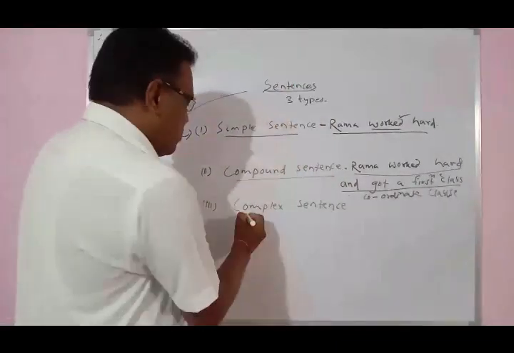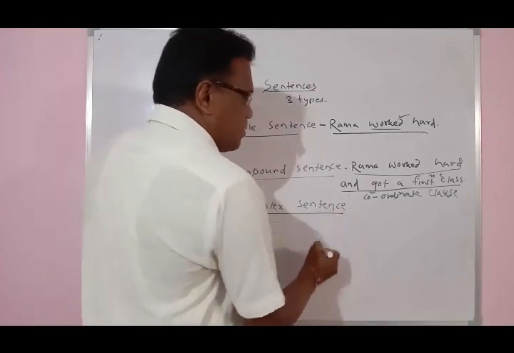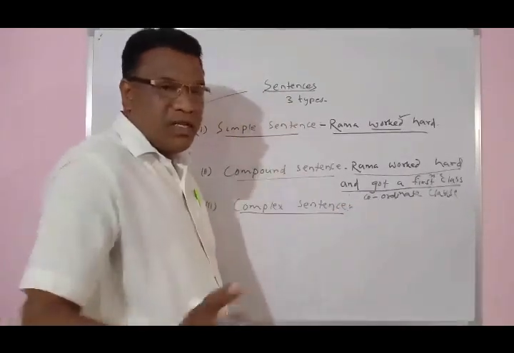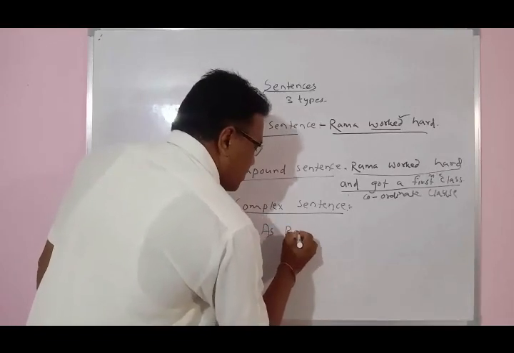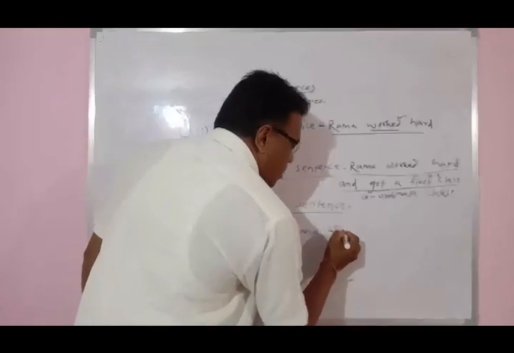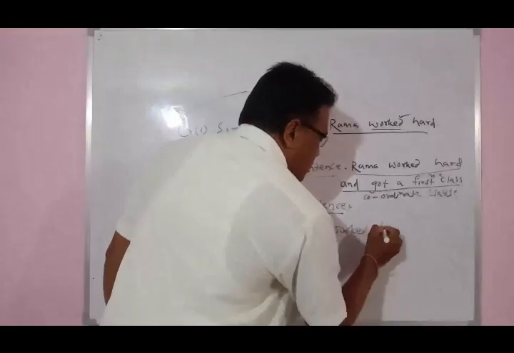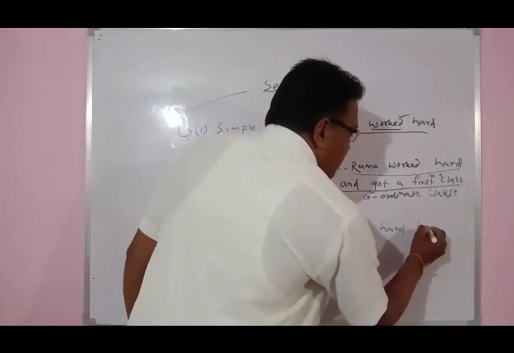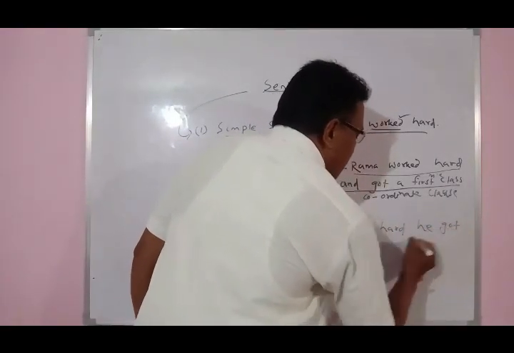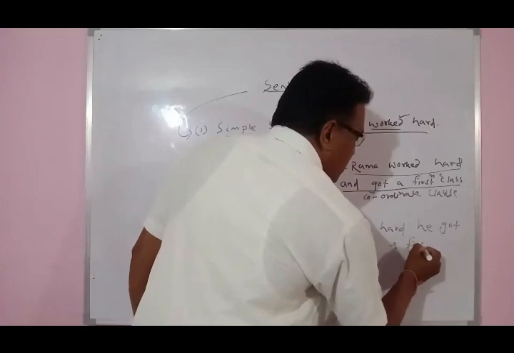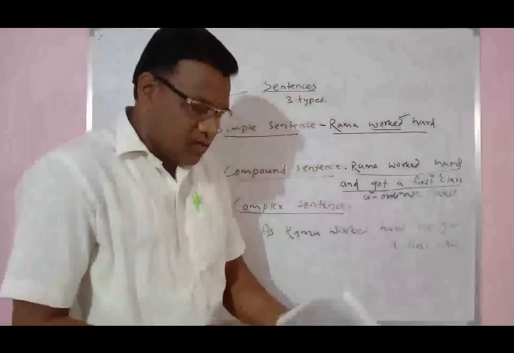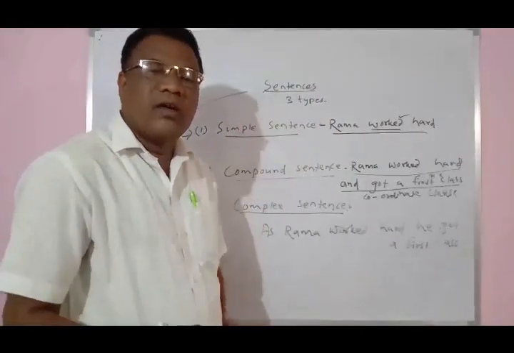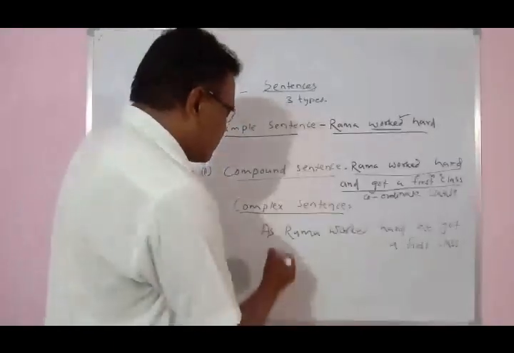Next, come to the complex sentence. What is a complex sentence? See, as Ramo worked hard, he got a first class. You see, this sentence is made up of two clauses.